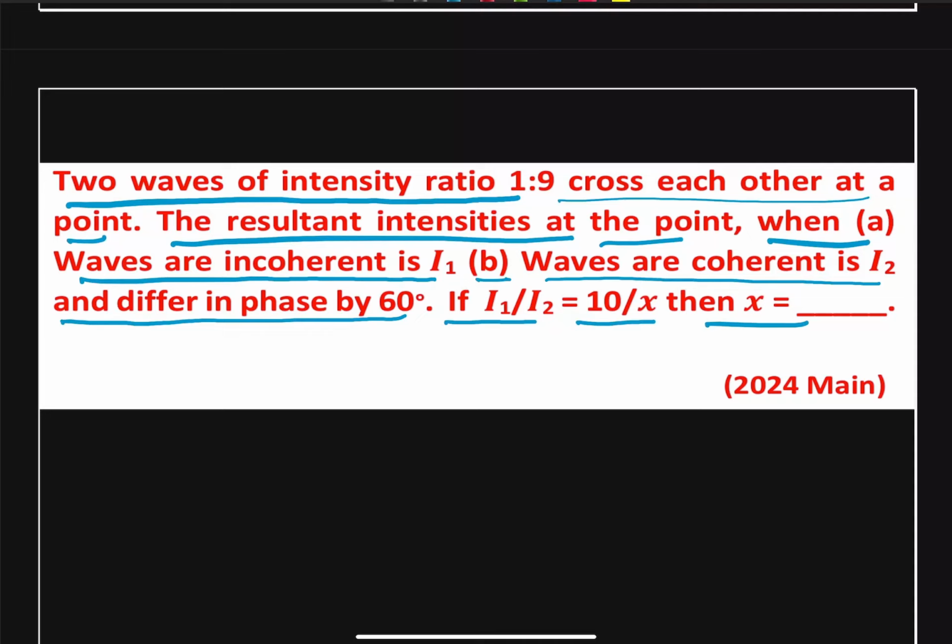So we can write that for incoherent wave, intensity is given as I1. So we can write that I1 will be equal to, there are two waves. Let us suppose one wave is represented as intensity IA, and another wave is represented as intensity IB.